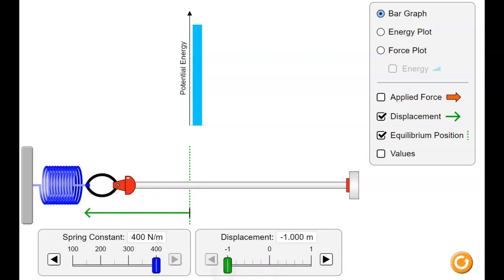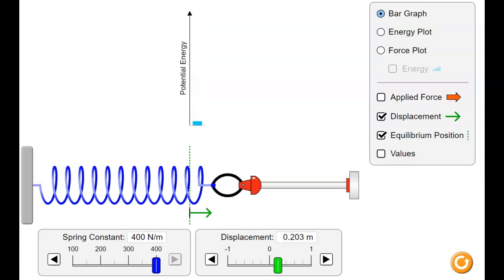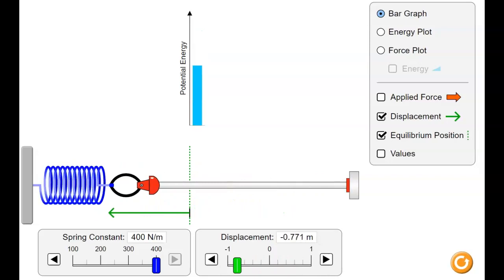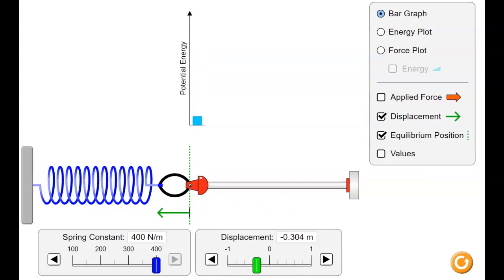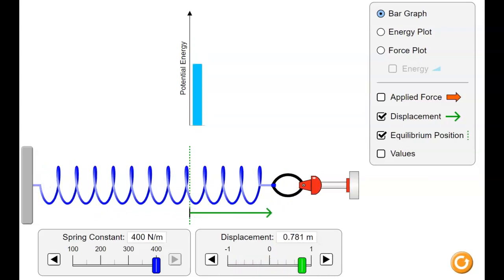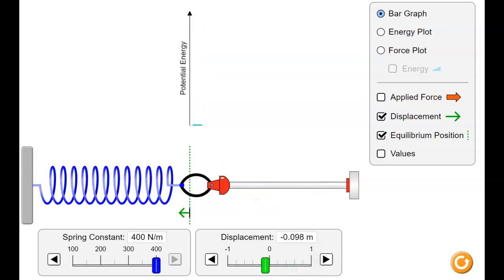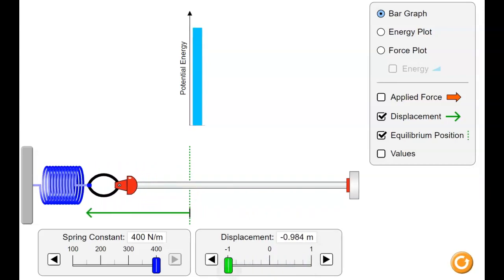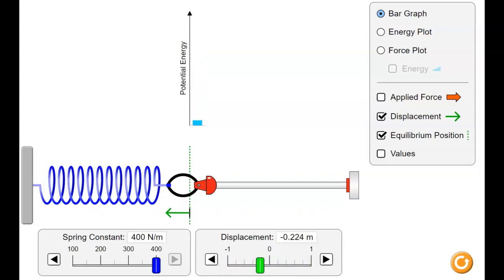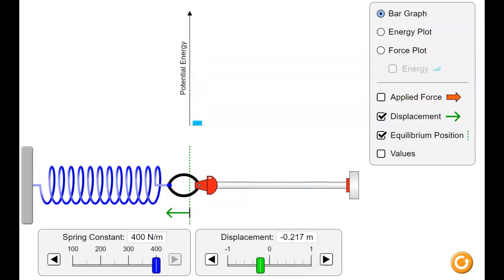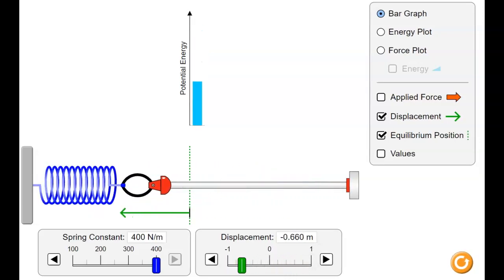Okay, we could also have something that it's starting there at equilibrium, and then we stretch it. And so with that, if we were to graph the displacement per second, we could see if we put all those distances together, we will be graphing something like a sine or a cosine wave.